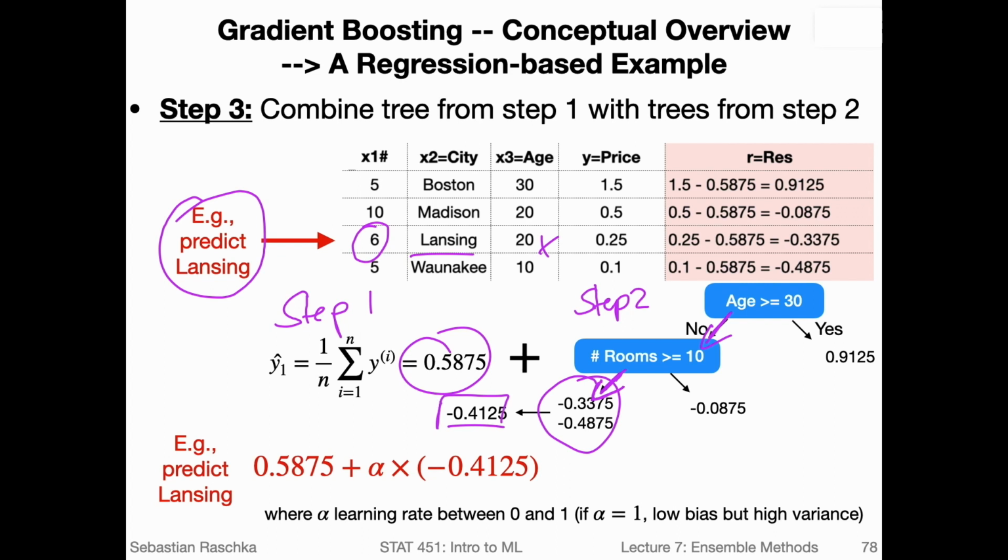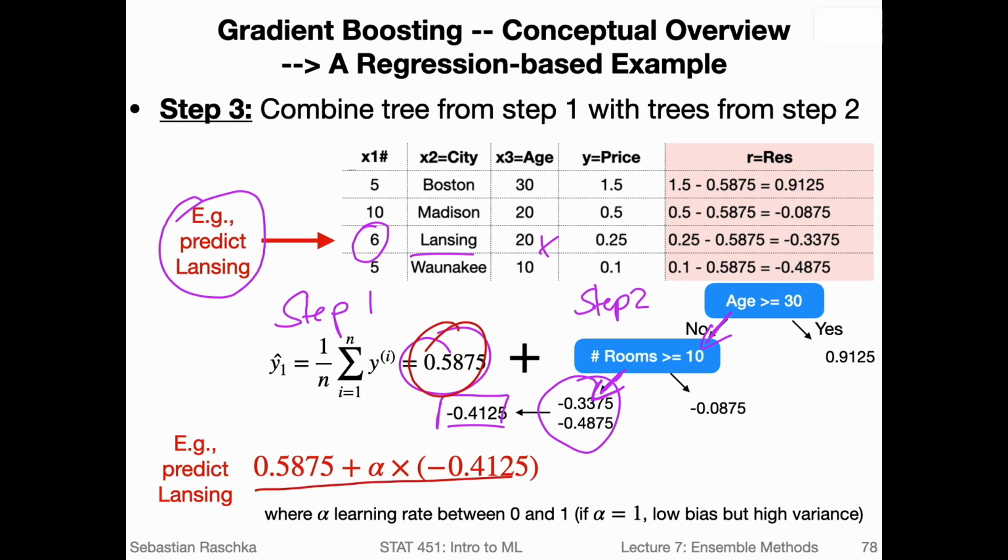So the prediction from the second node for Lansing is minus 0.4125. And then we combine the two. So we have 0.5875 plus the minus 0.4125. And in practice, let me delete that because I just see I actually wrote this at the bottom here.